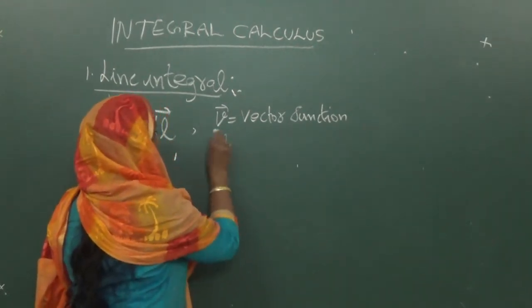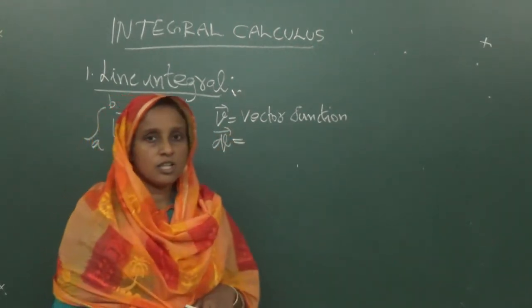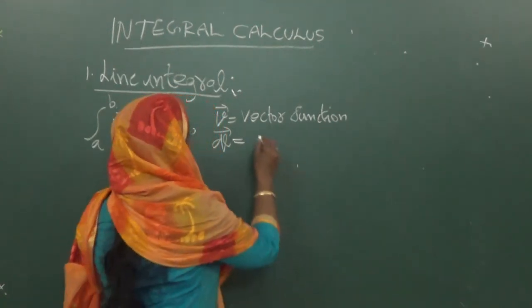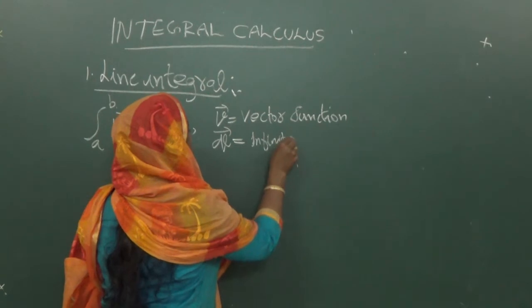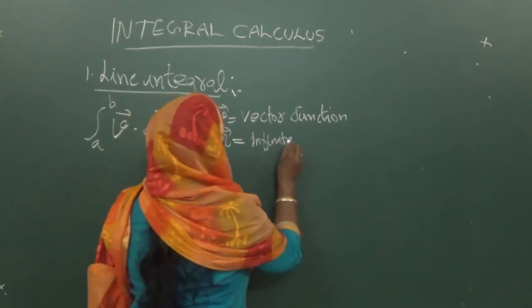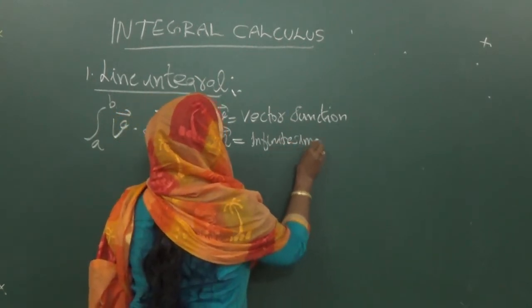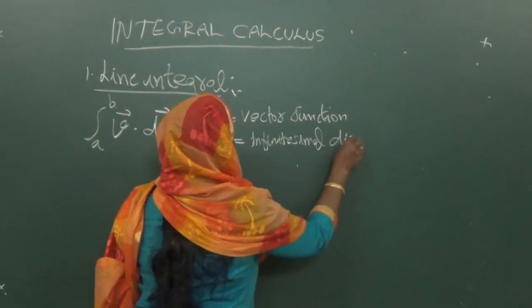Vector dl, which we learned about earlier, is the infinitesimal displacement vector.